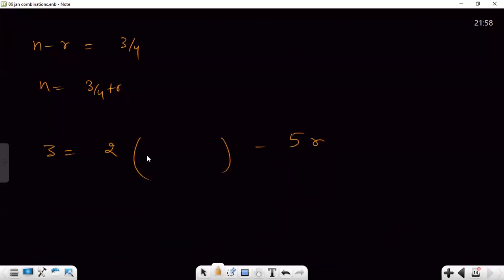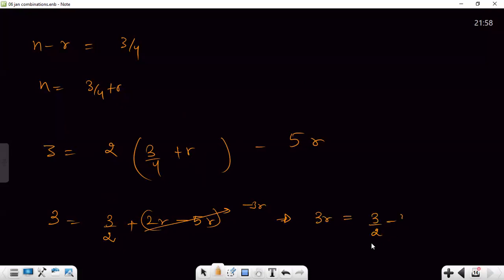So instead of n, we have 3 by 4 plus r. 3 is equal to, 2 into 3 by 4 makes it 3 by 2, plus 2r minus 5r, which will make it minus 3r. Let's bring the minus 3r to the left hand side and 3 by 2 minus 3 to the right hand side.